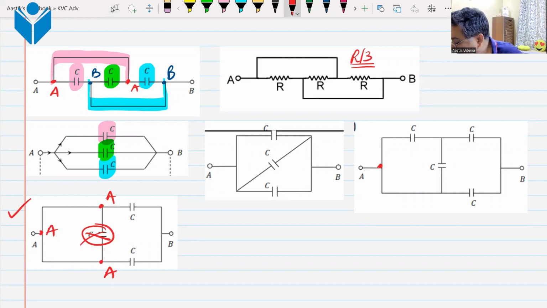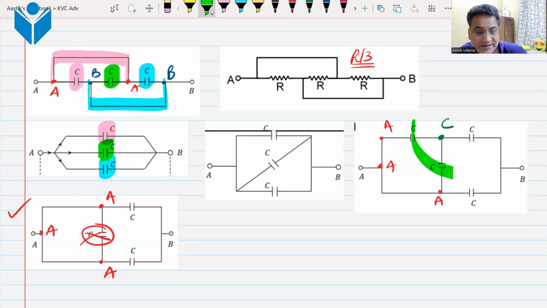You can see this point is A, this point is A, this point is also A. But this point is different because it is connected differently. So this point is C. Between A and C, these two are connected in parallel. Yes or no? Yes, sir. So between A and C, it becomes 2C. Do we understand this? Yes, sir.